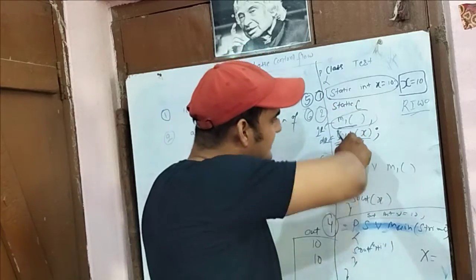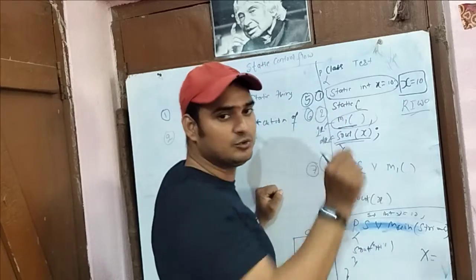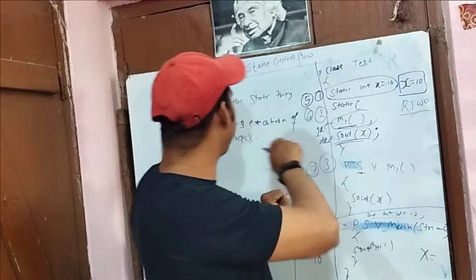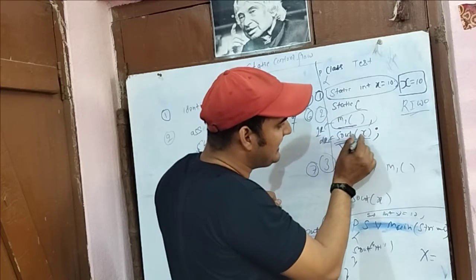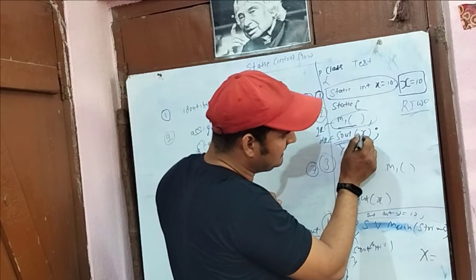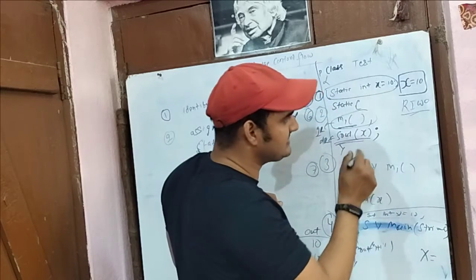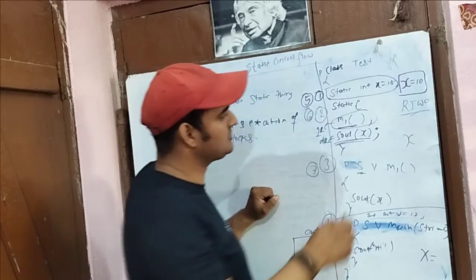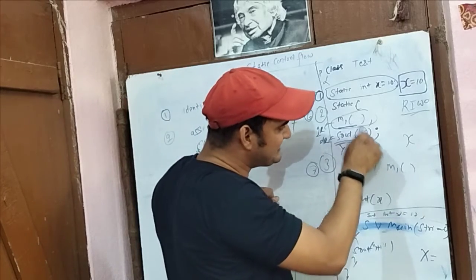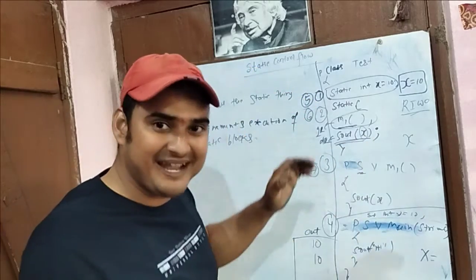So in the second phase we have to execute the static block. Its only statement is S out of X, and this X variable, JVM has just seen that X is a variable, but it has not assigned any value. So I am directly reading this X.